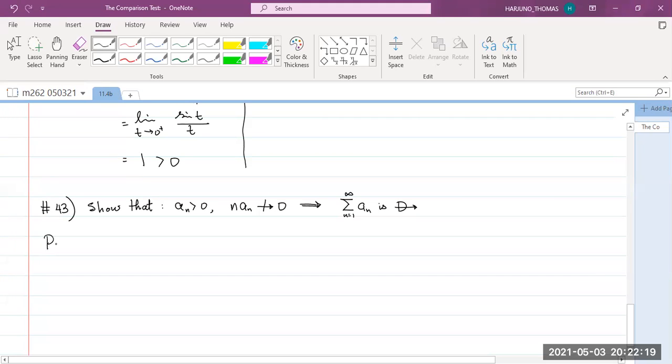Proof. So n a sub n is equal to a sub n over 1 over n.